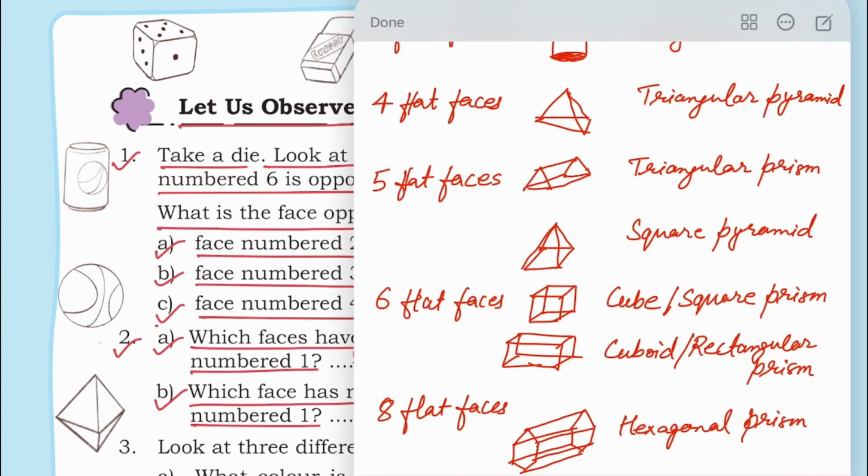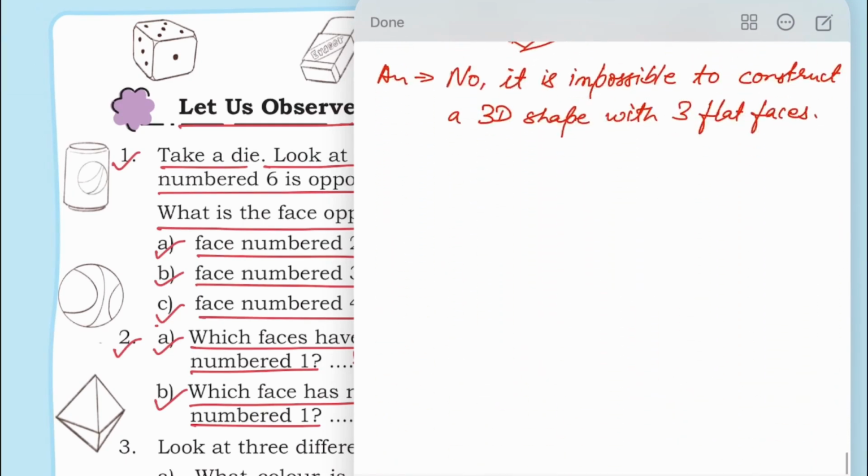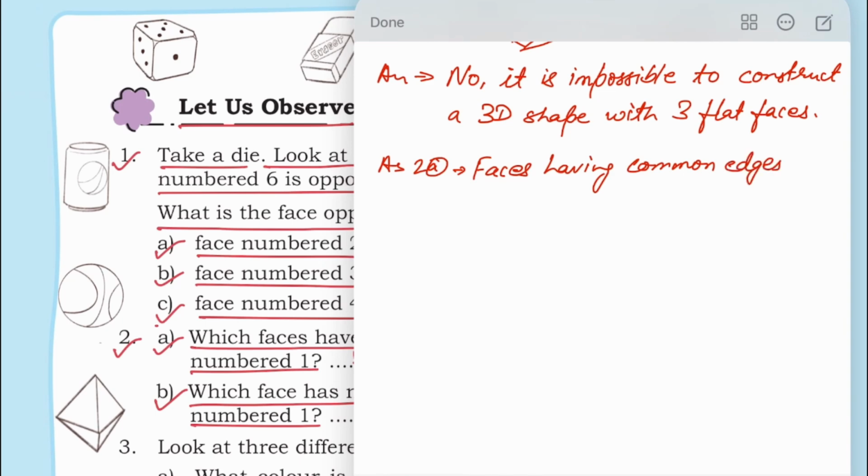You can write these answers in sentences like this. Answer 2A. Faces having common edges with the face numbered 1 are 2, 3, 4, and 5.